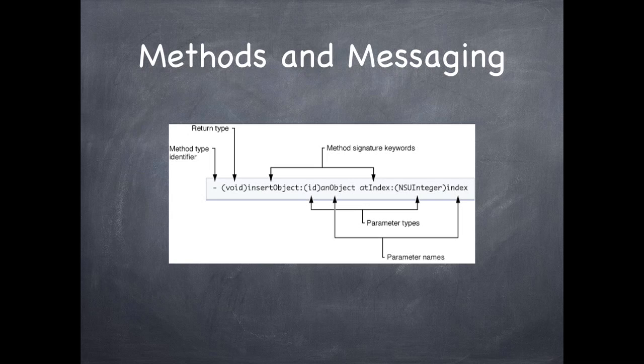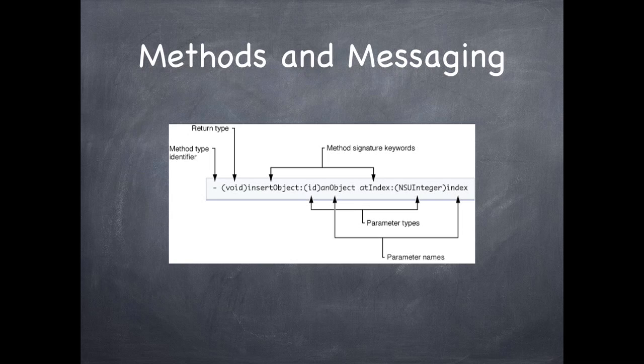So void means it just doesn't return anything. Insert object, and then at index, those are what we call the method's signature keywords. When you call this method in particular, you go insertObject atIndex, not just insertObject by itself, because atIndex is also part of the method name, or the method signature.